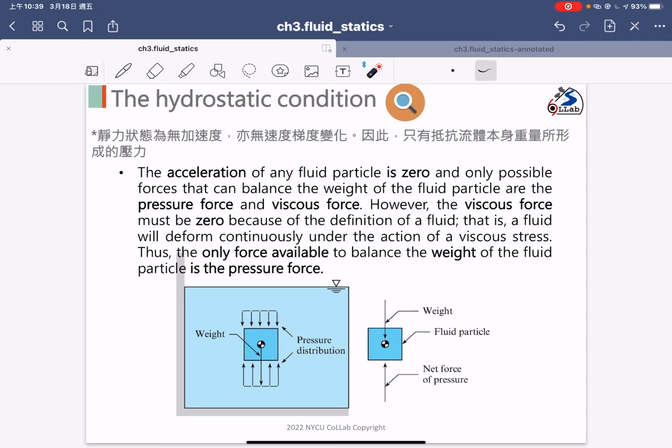So the bottom has a higher pressure, but the upper part has a lower pressure. The only difference is the weight between two locations. This is a body force diagram to tell you the net force of the pressure at the bottom is larger than the pressure at the top.